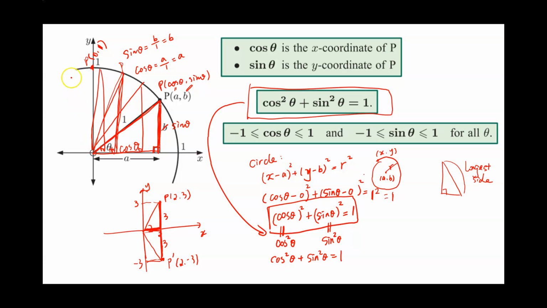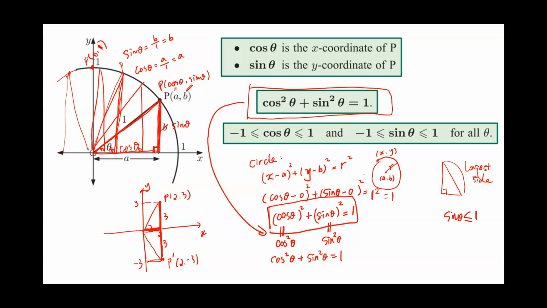When I come to here, my x coordinate will be negative and my y coordinate is still positive. But what I'm trying to say is that the longest distance P could have from the x-axis would be 1. So we know that sine theta is definitely below or equal to 1, because it cannot be larger than 1.